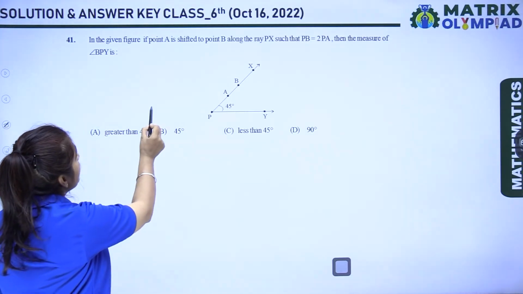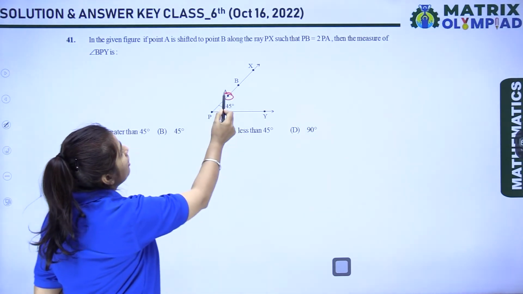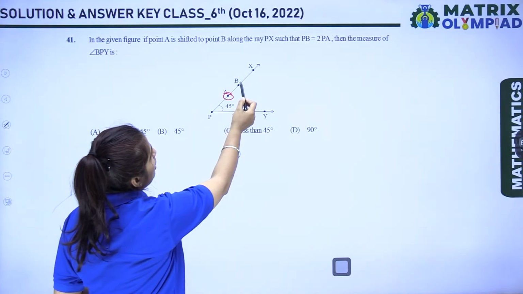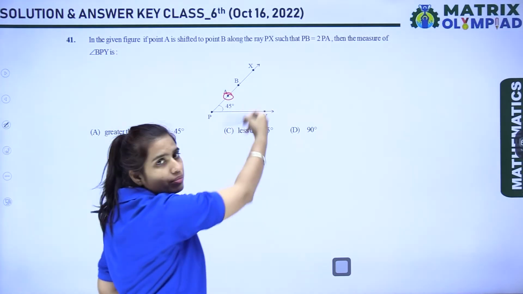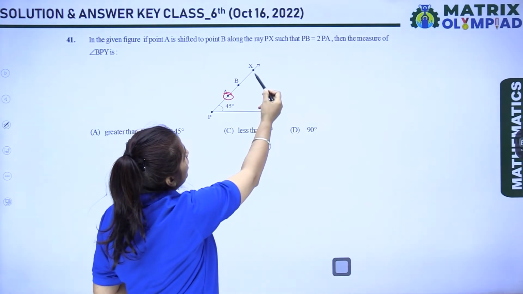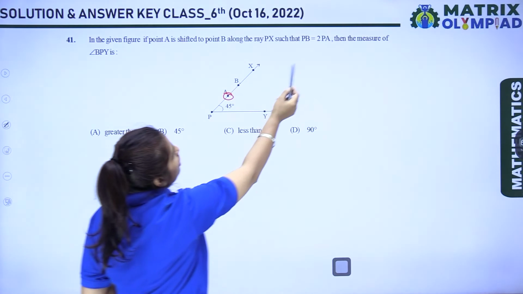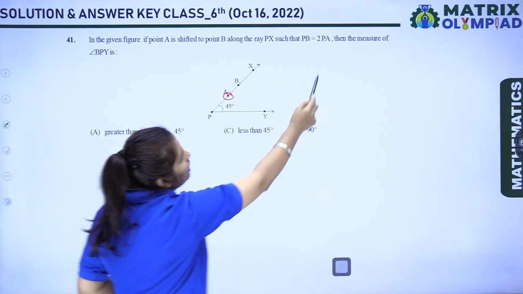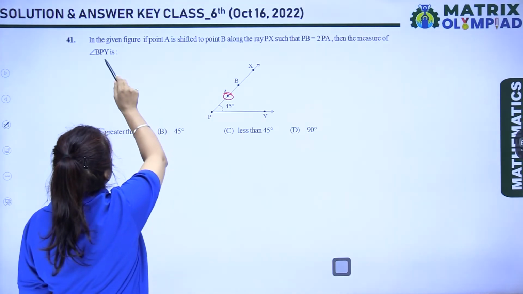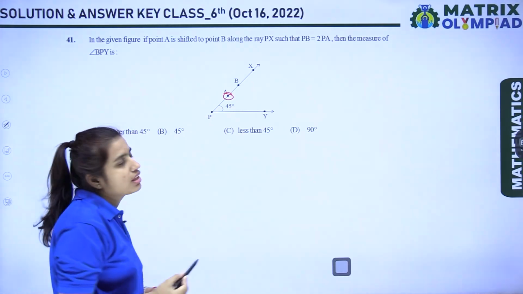In the given figure, if point A is shifted to the point B along the ray PX, so the same ray is given to you, PX, on which point A is going to be shifted, such that PB is equal to 2PA, then the measure of angle BPY is.